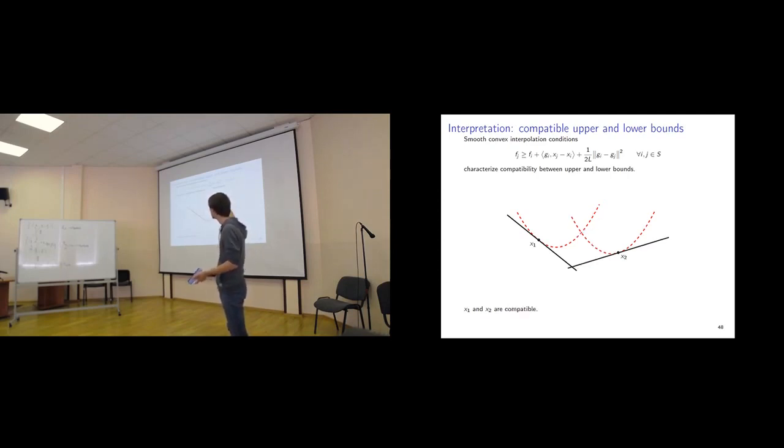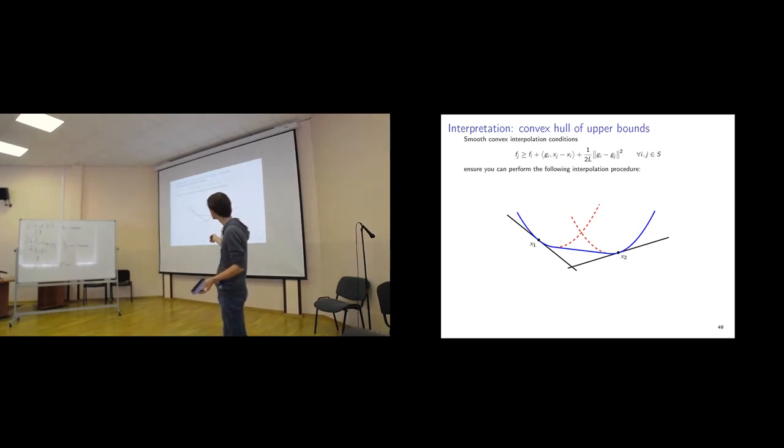Now if we lower it, we can ensure in advance that this satisfies the condition because lower bound and upper bound are compatible. Another way to interpret the construction that we just made is that when you are given a discrete version of a function like this, this condition ensures that you can take the convex hull of the upper bounds and that this is indeed a smooth convex function.